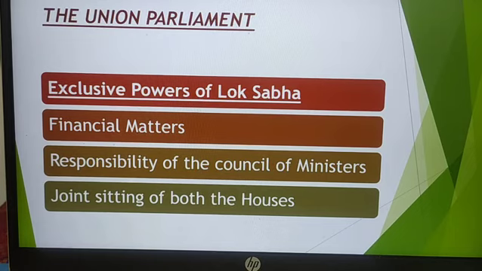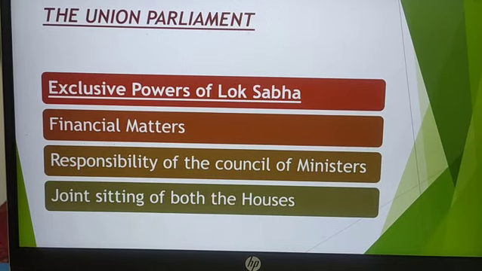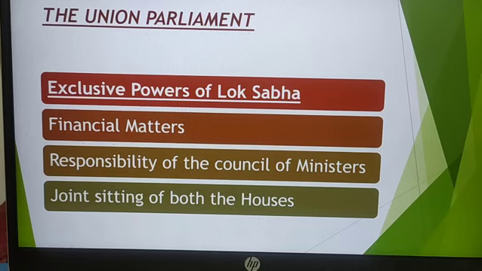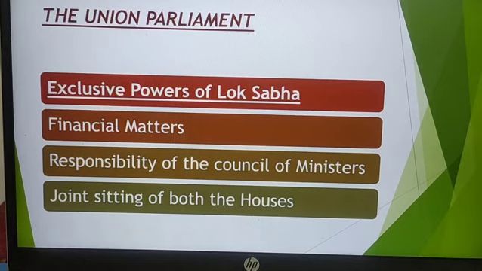Okay. Now, even when the joint sitting is called for the two houses, why will the joint sitting be called? Suppose in the case of an ordinary bill, both the houses are kept on the same platform. So suppose if one house passes the bill and the other doesn't, then what will happen? There will be, you can say, a stagnant phase for that bill. So how will that bill be passed then?